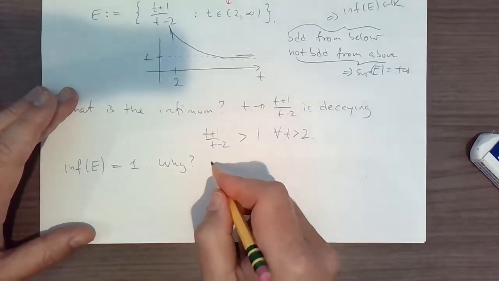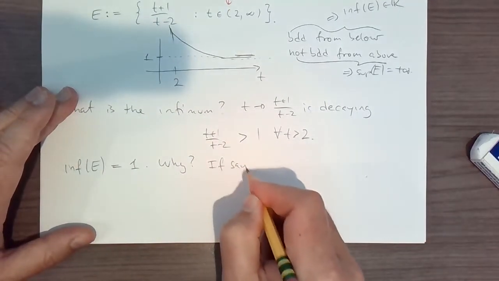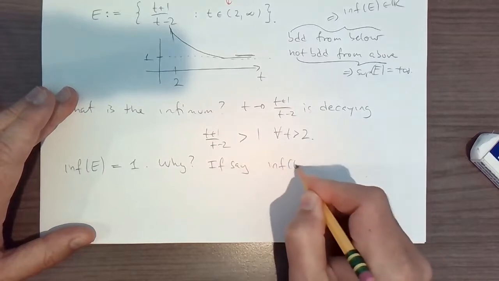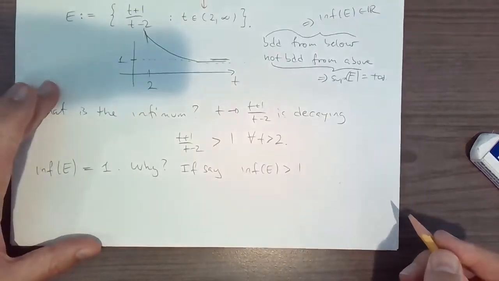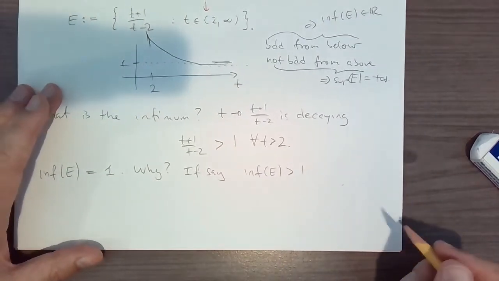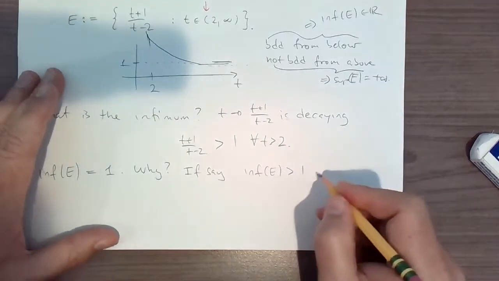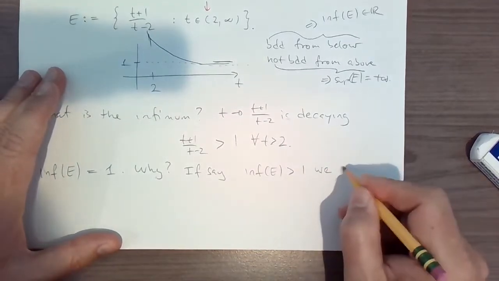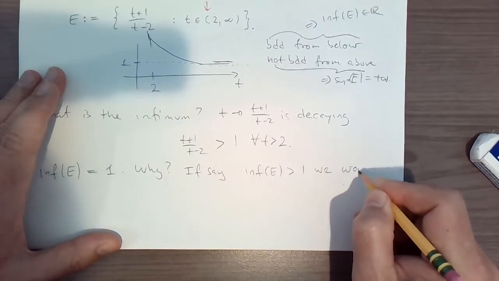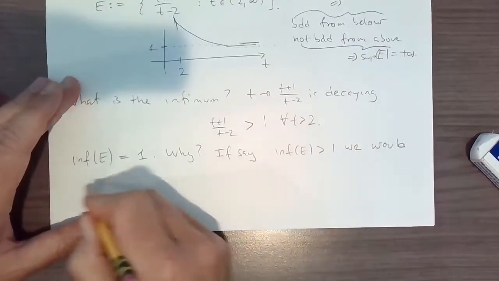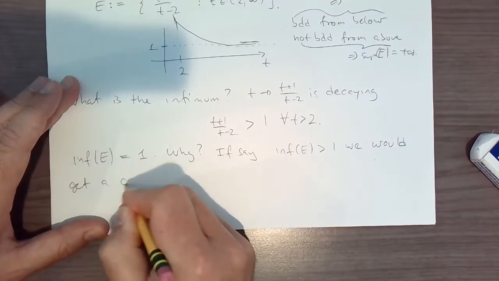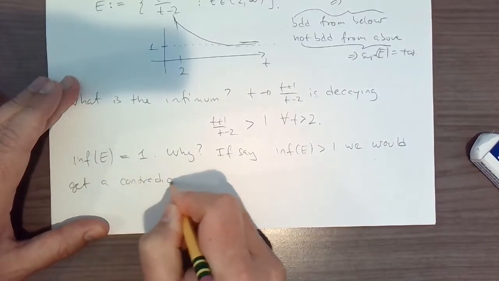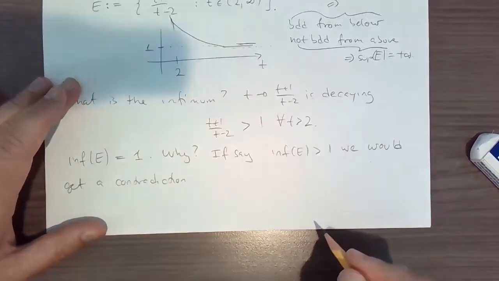Well, what happens if, say, the infimum would be strictly bigger than 1? We would get a contradiction. Why would that be?